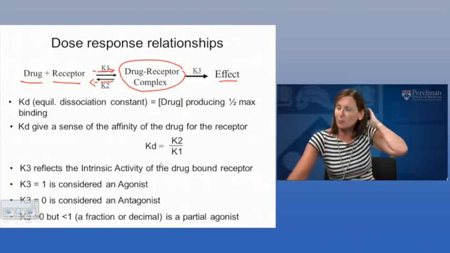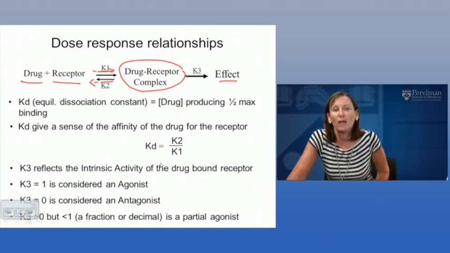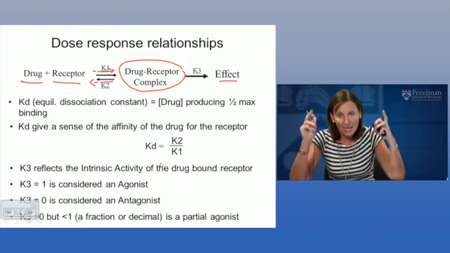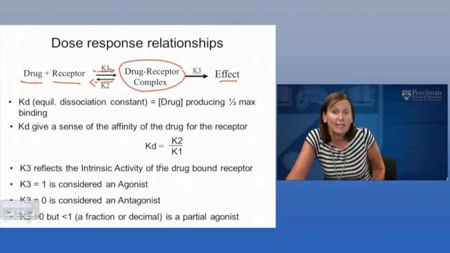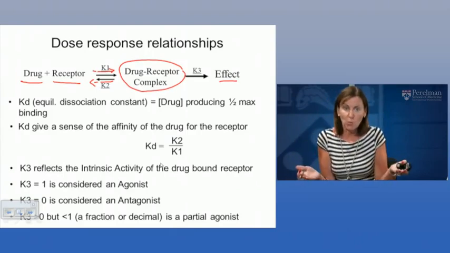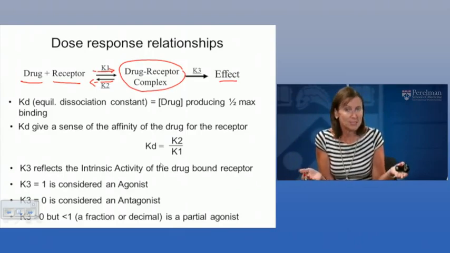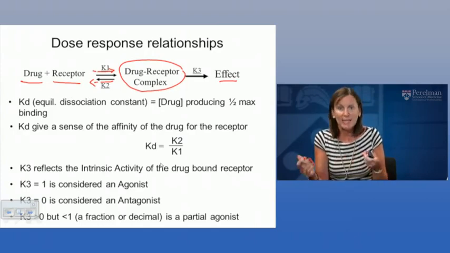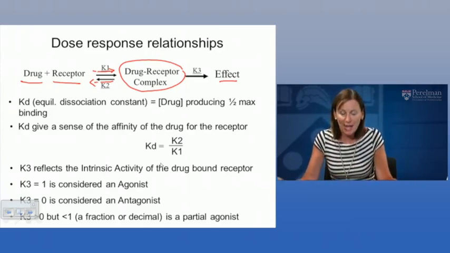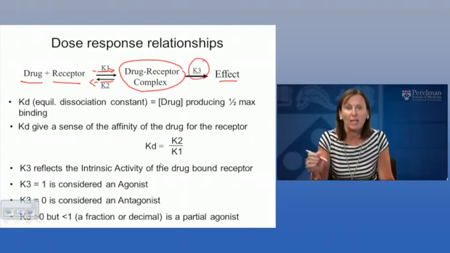But remember what we said previously, that we also have drugs that function as partial agonists. In other words, they're not as strong or as potent as a full agonist, and therefore they're going to have a K3 value that falls somewhere greater than 0 because it's not an antagonist, but less than 1 because it's not a full agonist. So that's the principle of K3.